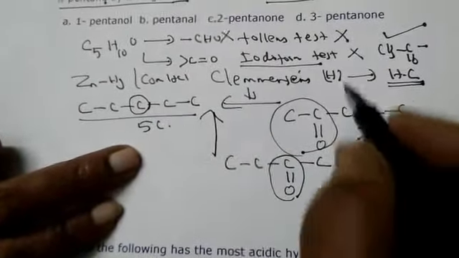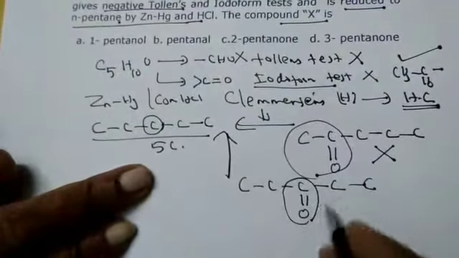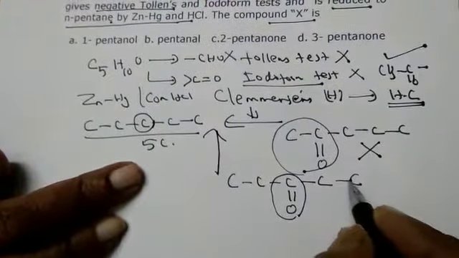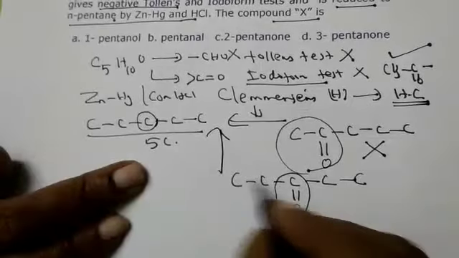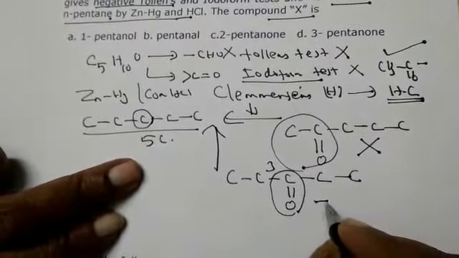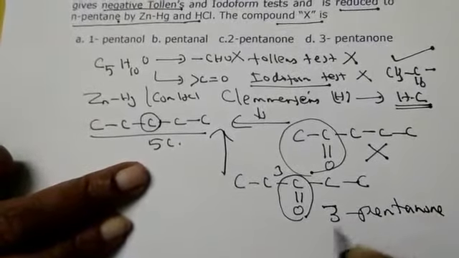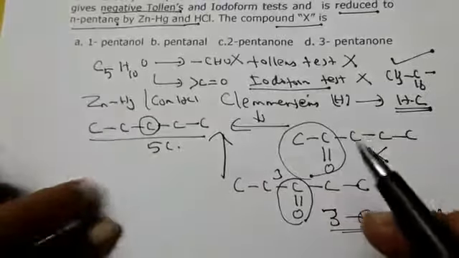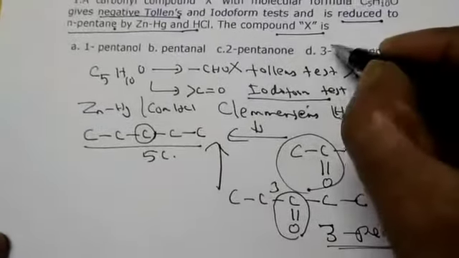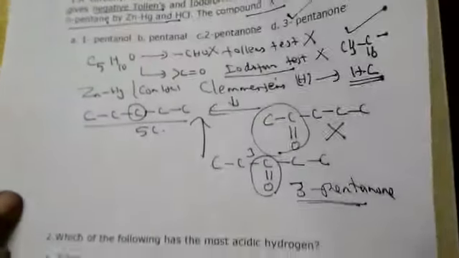So overall, what is the compound X they are asking? This is the starting material, numbering 1, 2, 3, 4, 5, and on carbon 3 you are having the keto group. So 5 carbons are there, and the name of the compound is 3-pentanone. That should be X. Let us go and see which is 3-pentanone. Option is D. So like that we can approach it.